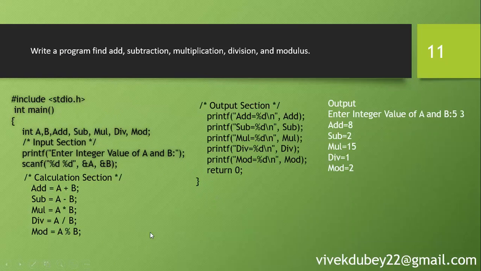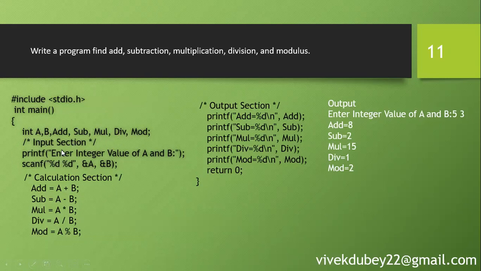That's why return 0 is there in the program. Very first, declare all the variables that will be used later in our example. A and B for the two numbers, and for the operations: add for addition, sub for subtraction, mul for multiplication, div for division, and mod for modulus.